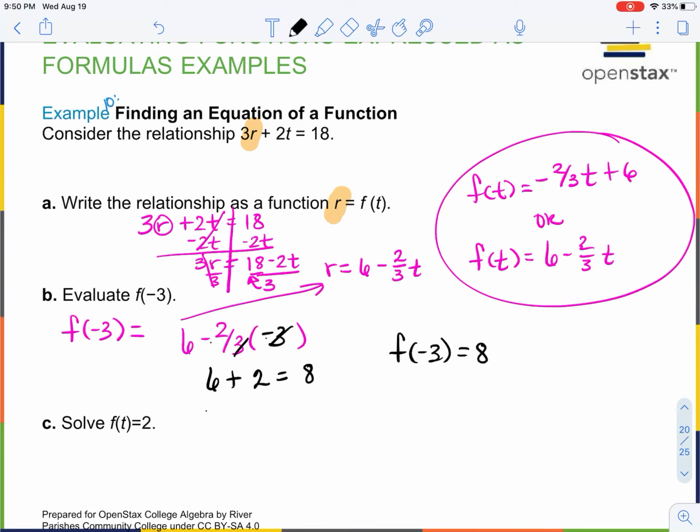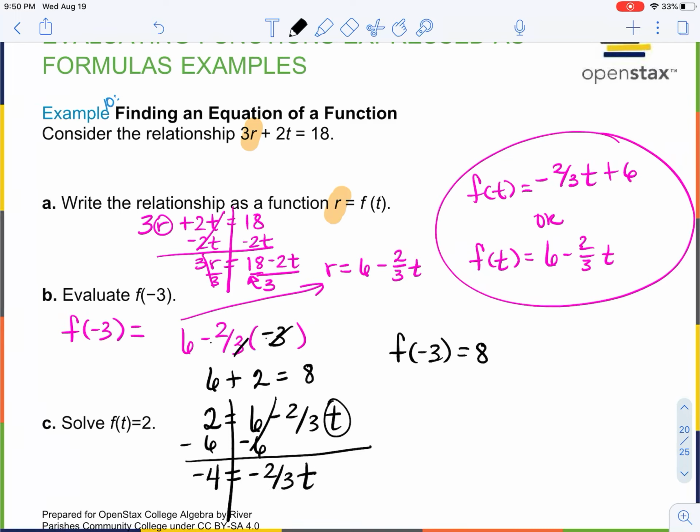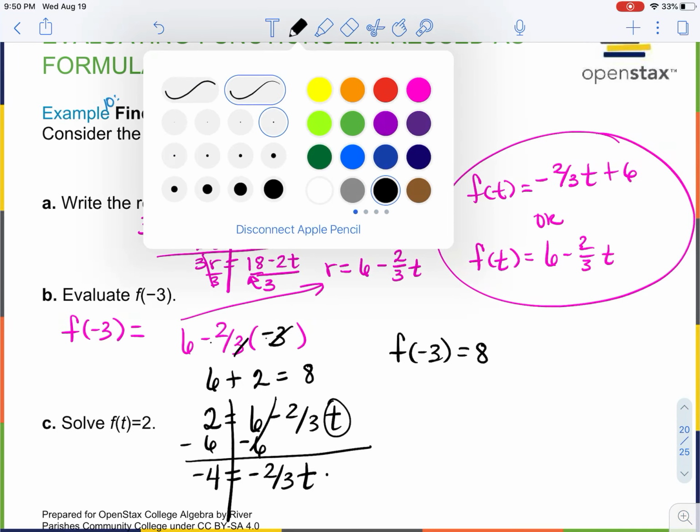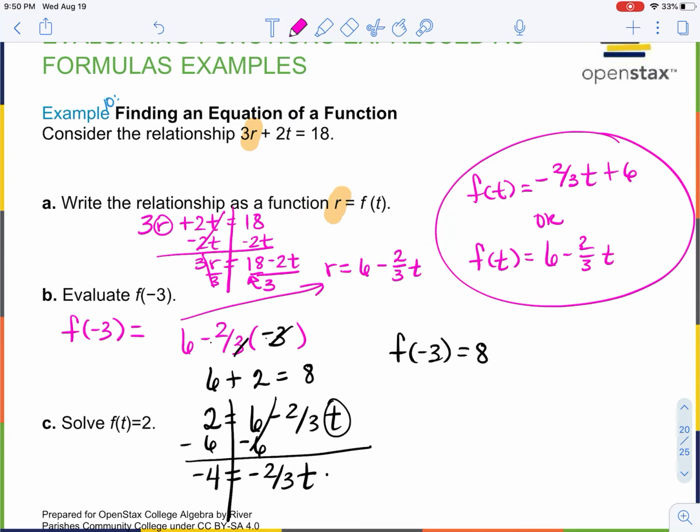All right, so then let's solve f of t equals 2. So that's where we're substituting 2 for f of t. 2 equals 6 minus 2/3 t. We want to get t by itself, so subtract 6. We get -4 is equal to -2/3 t. And we're going to get rid of -2/3. To get rid of a -2/3, you divide both sides by -2/3, which is the same as multiplying by -3/2.